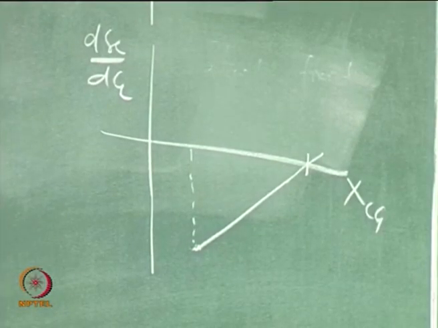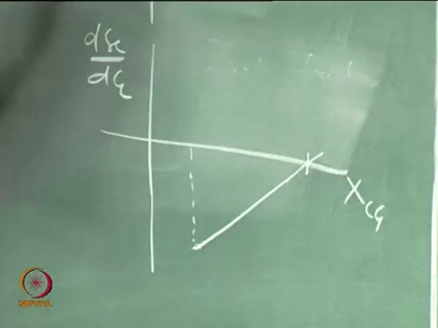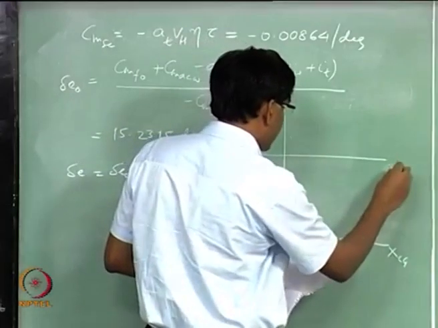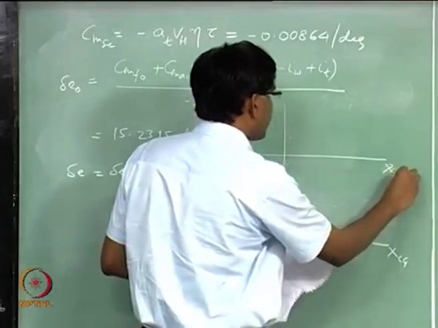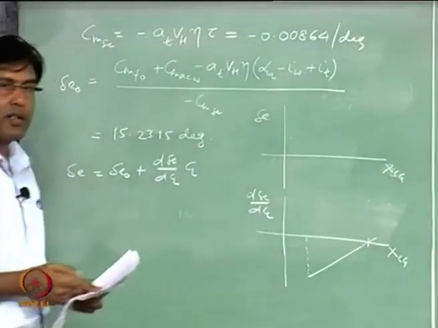A similar plot of delta E versus x CG can also be drawn.